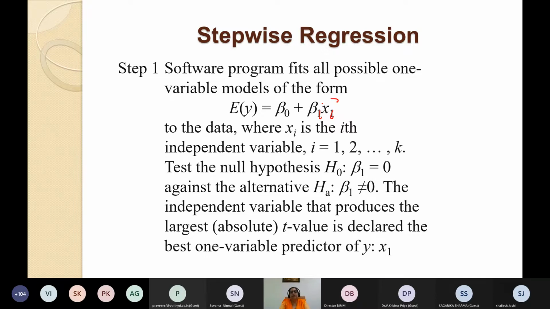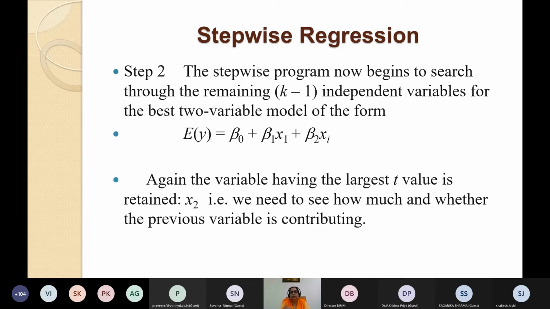And we try to test the null hypothesis that beta 1 is equal to 0 against the alternative hypothesis that beta 1 is not equal to 0. That is, there is some relationship between the independent variable x and the dependent variable y. And the independent variable that produces the largest t-value is declared the best one-variable predictor.